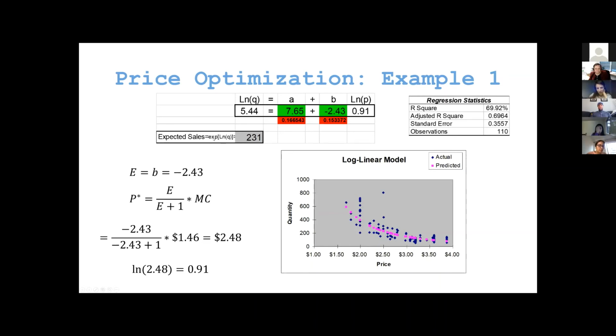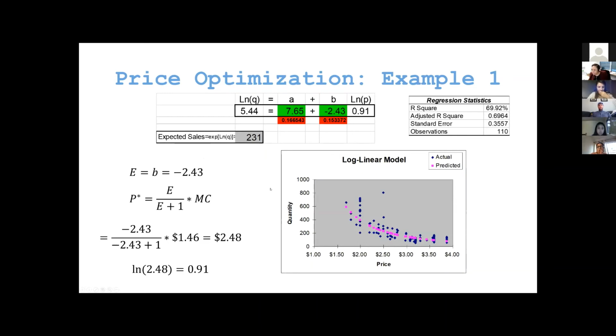In order to do that, you would plug 5.44 into the exponent function, because to convert the log of quantity back into its original number, you take the exponent of that number. That formula is EXP, which you see here in the slide. So you would say equals EXP, and then you put in this number, which is the log of quantity.